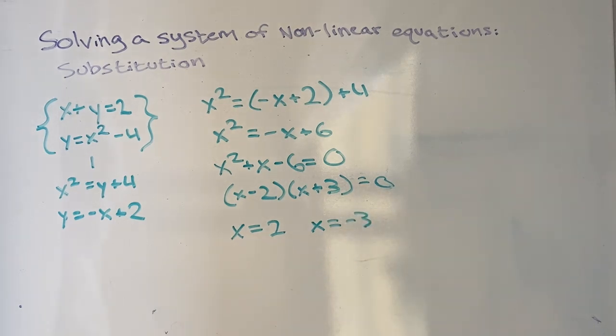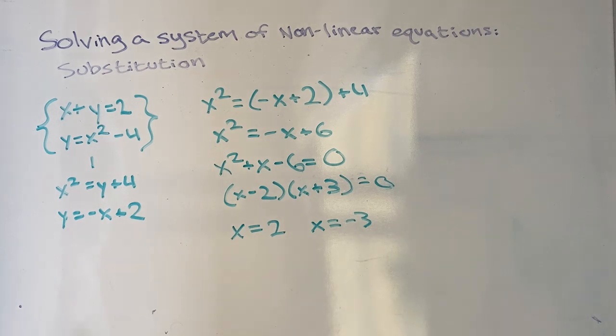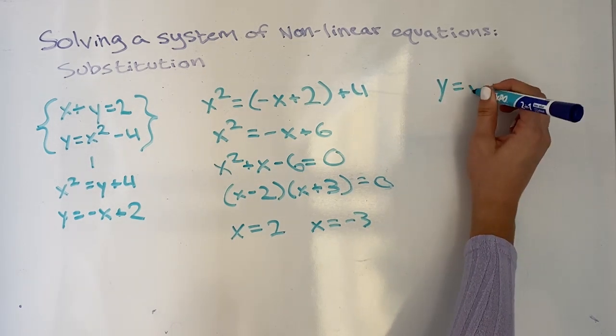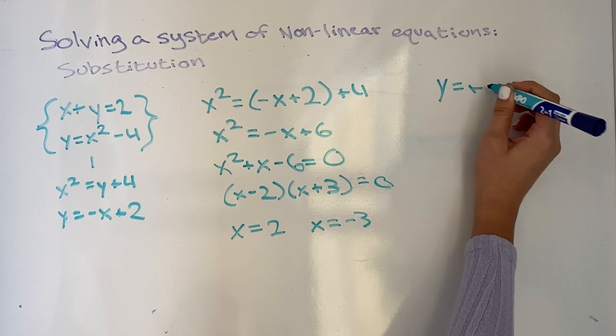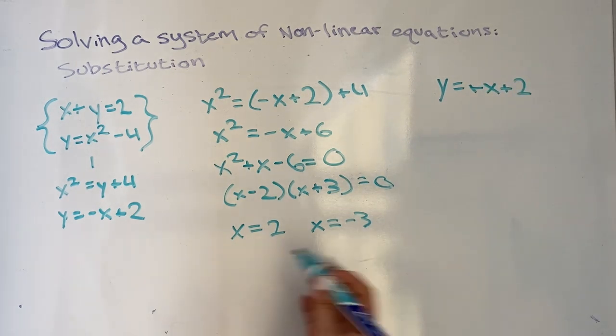Now that we know what x could be, we can solve for y. We're going to go back to our other equation and we're going to plug in each of our x's and see what y equals each time. So we'll take y equals negative x plus 2 and we'll plug in 2.